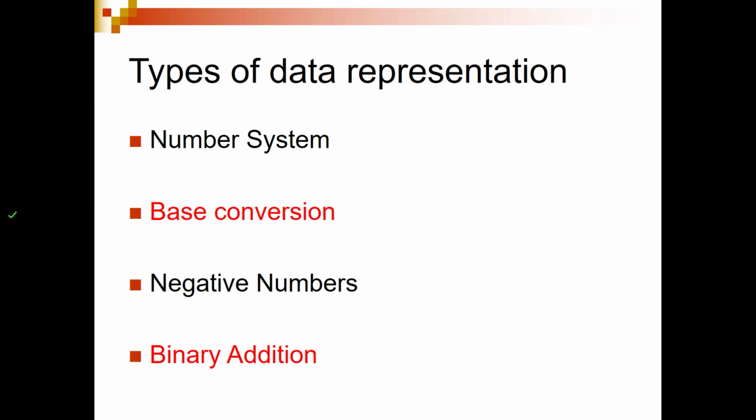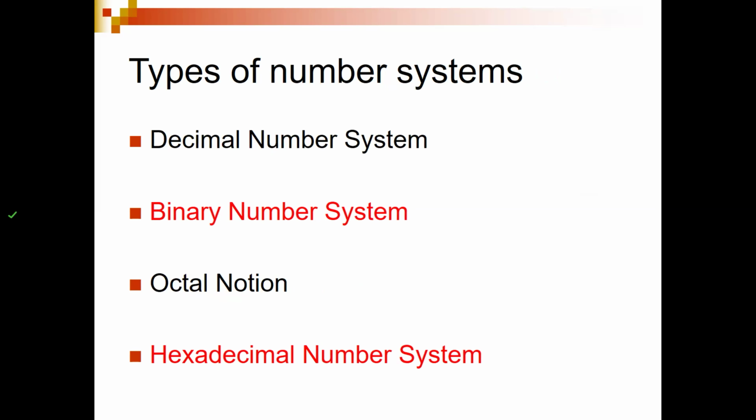So we got to this level of asking ourselves the types of data representation that the computer can have. And I introduced you yesterday to what we call the decimal number system. Deci, we said, is equal to 10.